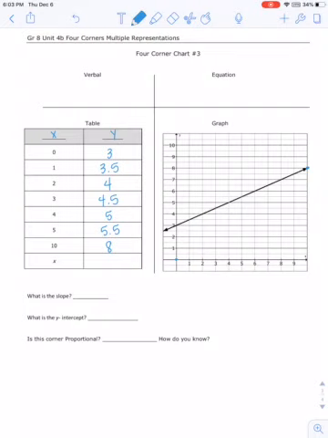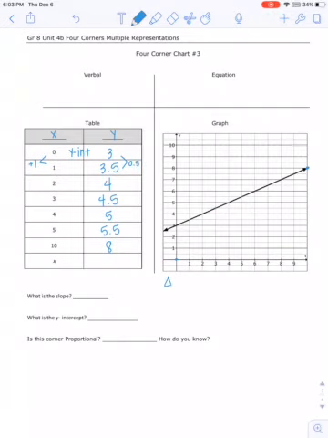Okay, from this table, we can find our equation by doing the following. We know that when x is 0, y is 3, so that lets us know our y-intercept. Then I can use it to find slope. So my change in x is 1, my change in y is 5/10.